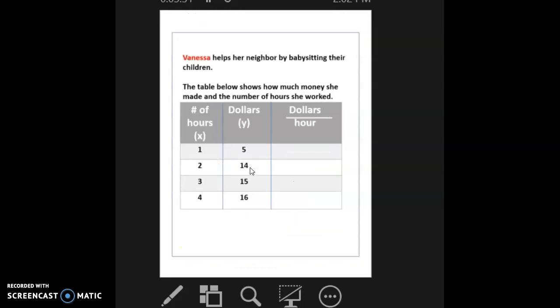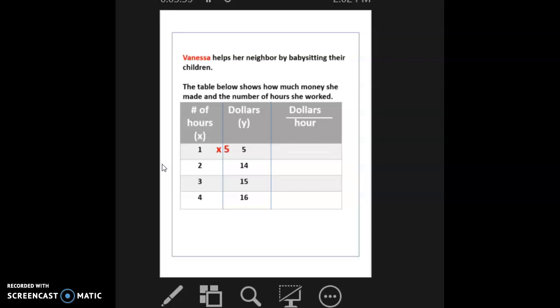Now let's look at Vanessa. Vanessa helps her neighbor by babysitting their children. The table below shows how much money she made and the number of hours she worked. So in 1 hour, she made $5. In 2 hours, she made 14. In 3 hours, 15. And in 4 hours, 16. So let's look. How can we get from 1 to 5? We can multiply by 5.